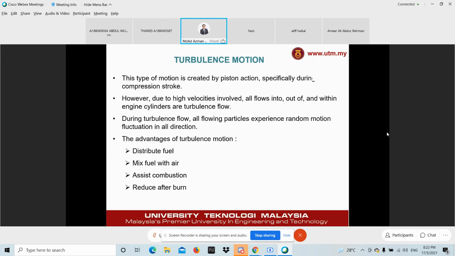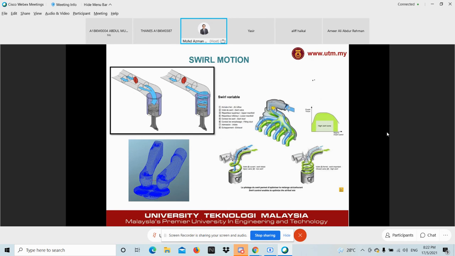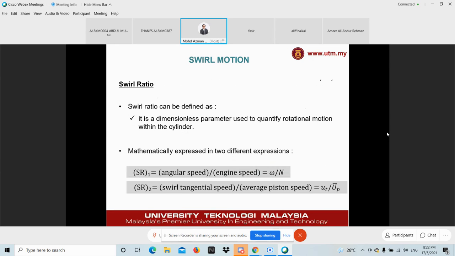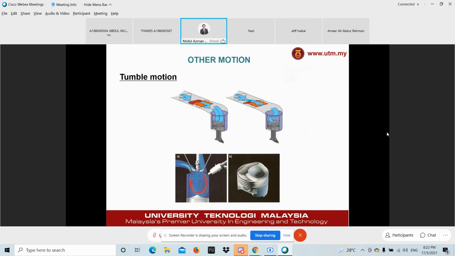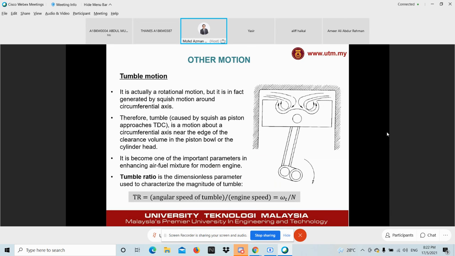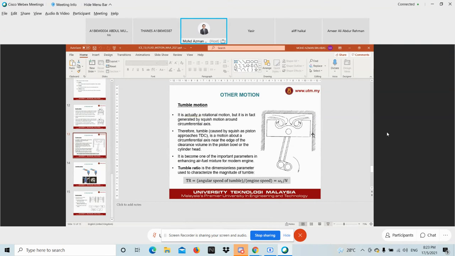On top of that, you should be able to calculate the swirl ratio and also the tumble ratio. The formulas to calculate the swirl and tumble ratios are quite straightforward. It is a very short chapter. So, do you have any questions?